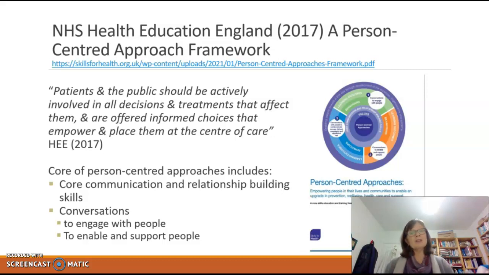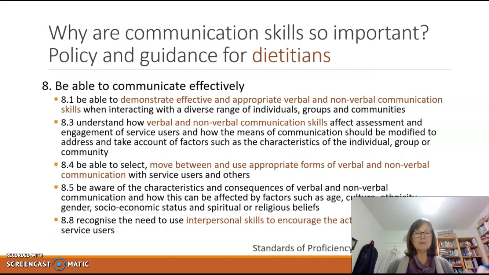What is the dietary change option? How's that going to affect that person? And at the core of person-centred approaches is a real major focus on person-centredness, our communication skills, relationship building skills, and the conversations that we have that are trying to engage and enable people. So this is a really important document to keep in mind.